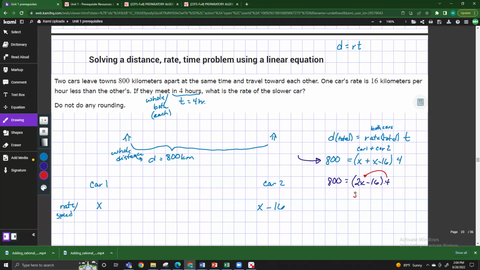Okay, so this is going to be 8x, 4 times 16, 2 times 16 is 32, and then another 2 is 64. So minus 64 equals 800. Okay, adding 64.